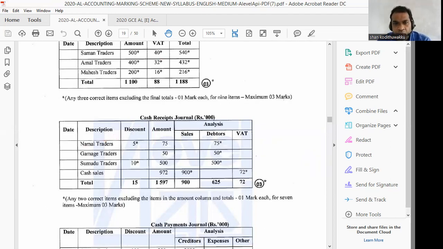Normally, we don't record trade discount in ledger accounts or anywhere, but we record cash discount in the day books. Therefore, here Normal Traders in the discount column 5, Nadun Traders 10. No VAT is included in those transactions.